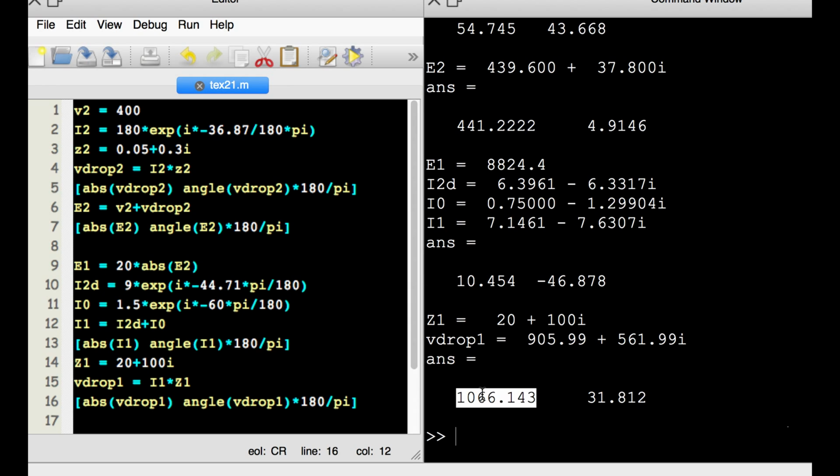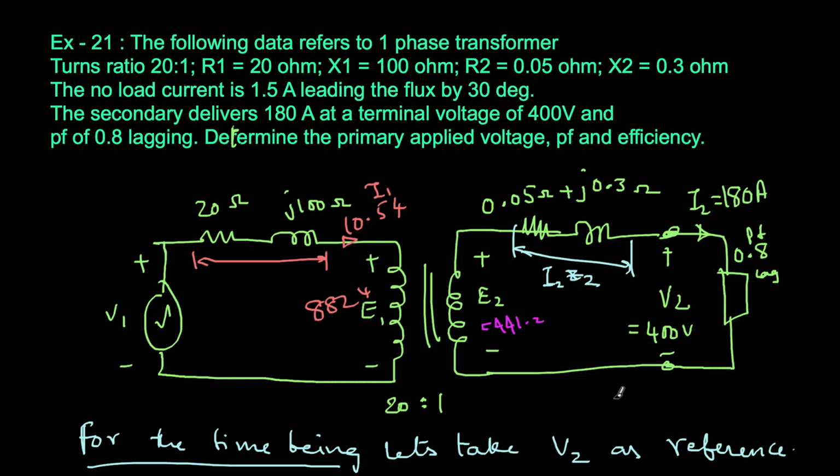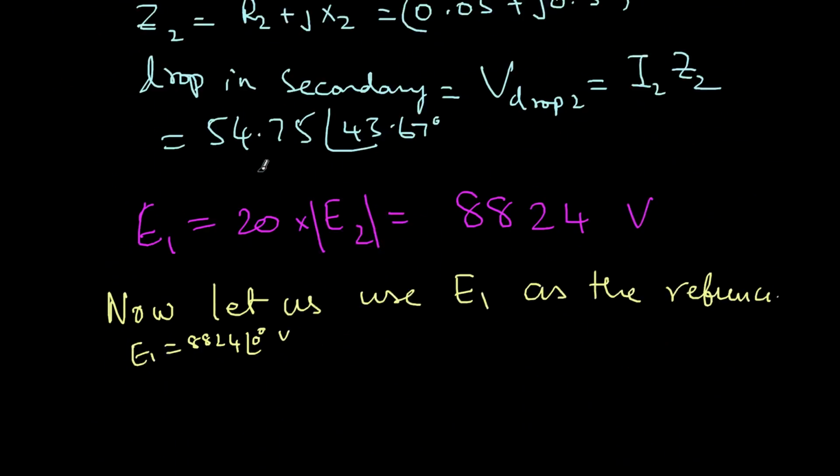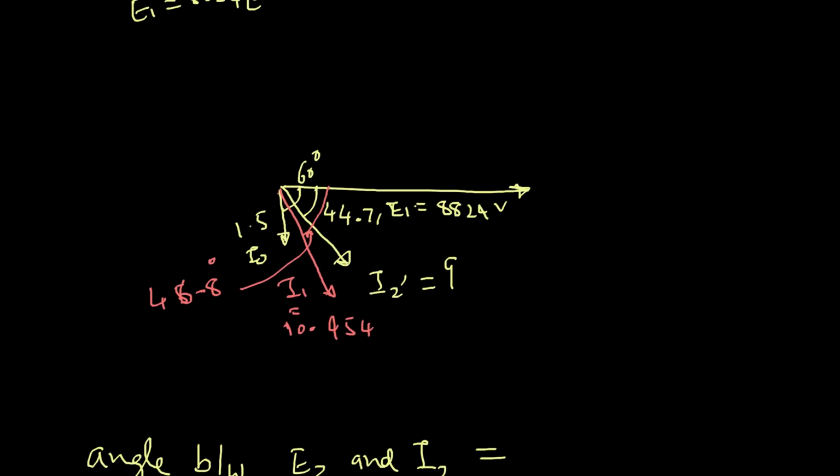So 1066 and angle is 31.8. So here you can see, this is I1 Z1. The value is 1066 and this angle is 31.8 degrees.